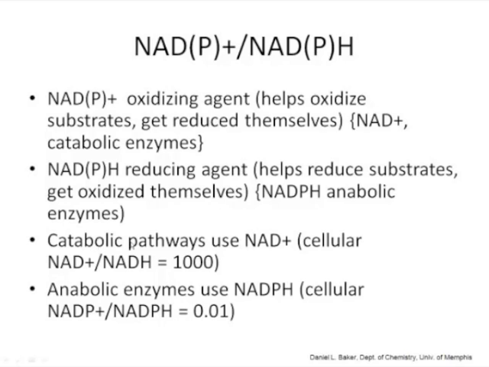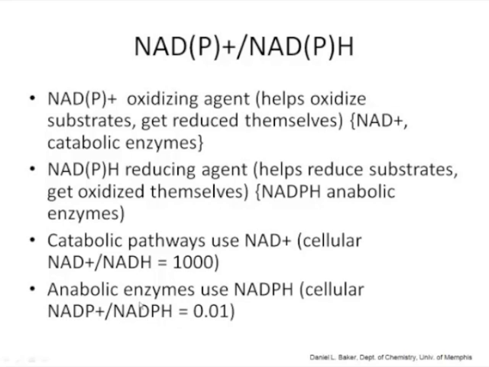So as I said, catabolic pathways use NAD plus, and the cellular balance here is that we have more NAD plus than NADH. So the ratio here is about 1,000 to 1. So we have lots more of this. And anabolic enzymes use NADPH, and the cellular balance here is that we have more NADPH than NADP+.